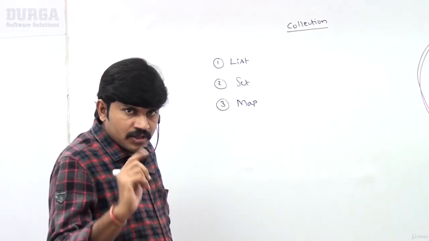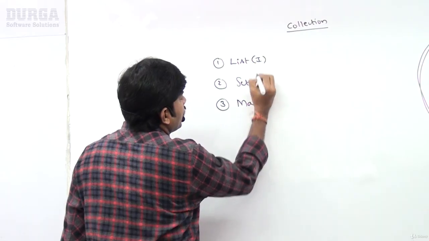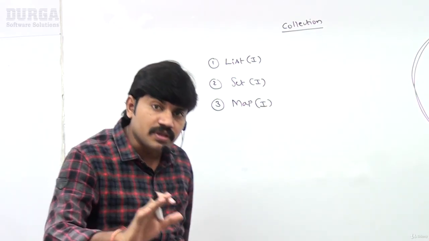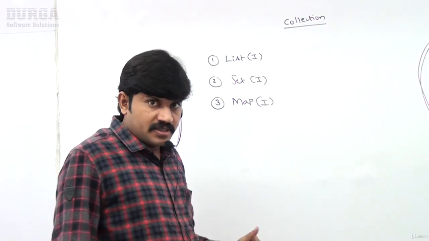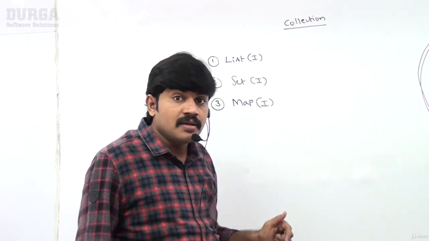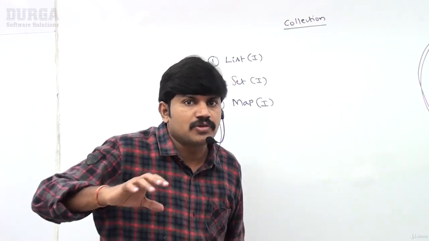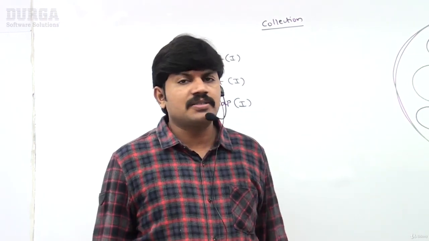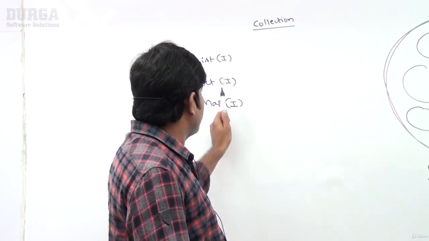These are interfaces, and the corresponding implementation classes also exist, but don't worry about that. Sometimes we go for a list collection, sometimes a set collection, sometimes a map. Not only this, the queue concept also came in version 1.5. That is not our requirement, because I'm not going to discuss collections in detail. It is just a basic idea for the people who don't know about collections.